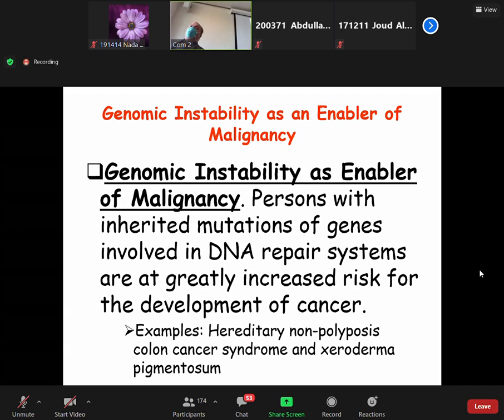Now, there are people who are born with DNA repair enzyme deficiencies or DNA repair enzyme mutations. The result of that is going to be development of cancer at a much higher rate than the rest of the population. Examples of that are HNPCC, the hereditary non-polyposis colon cancer syndrome, and xeroderma pigmentosum.